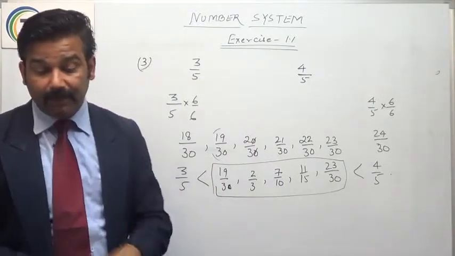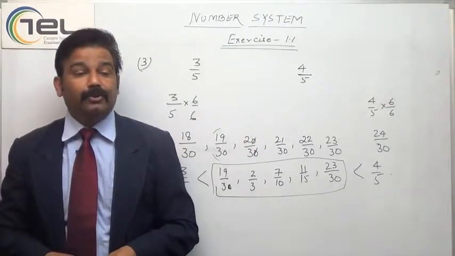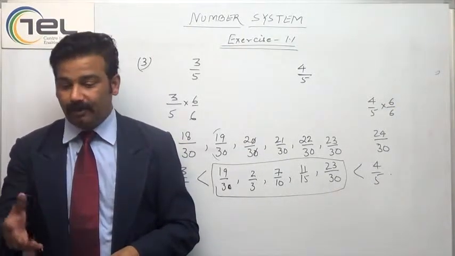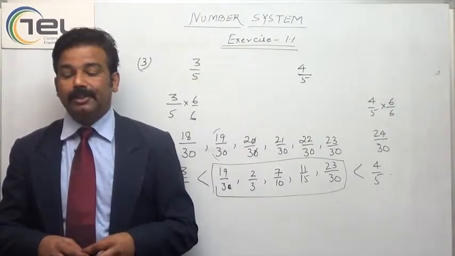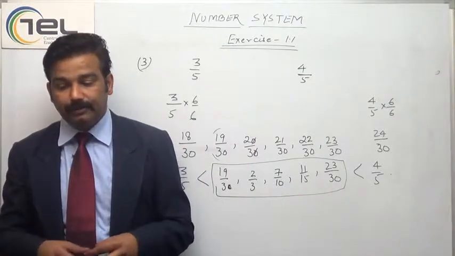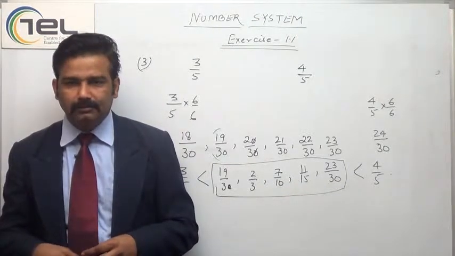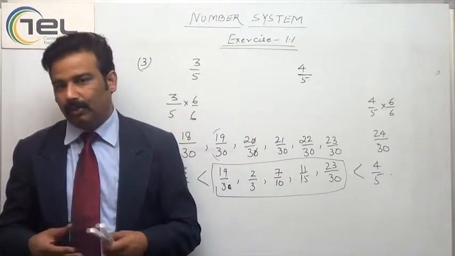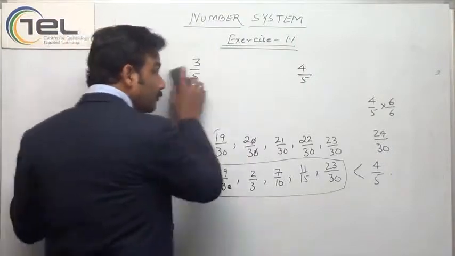The next question is: state whether the following statements are true or false. Give reason for your answer. I have my book here, I'm just reading the question. Every natural number is a whole number. I think it is true.